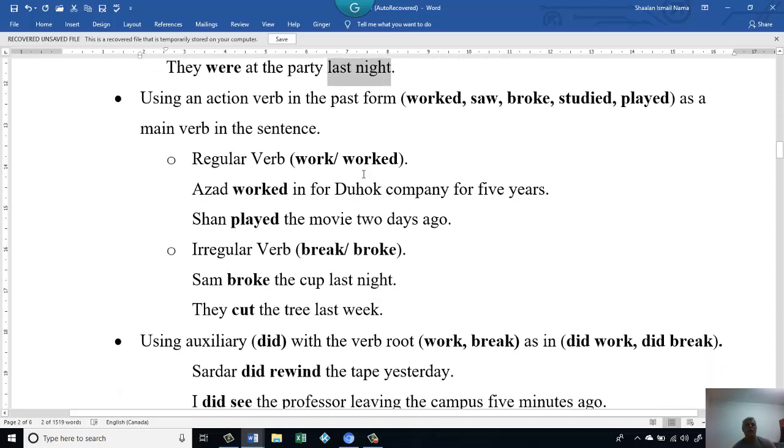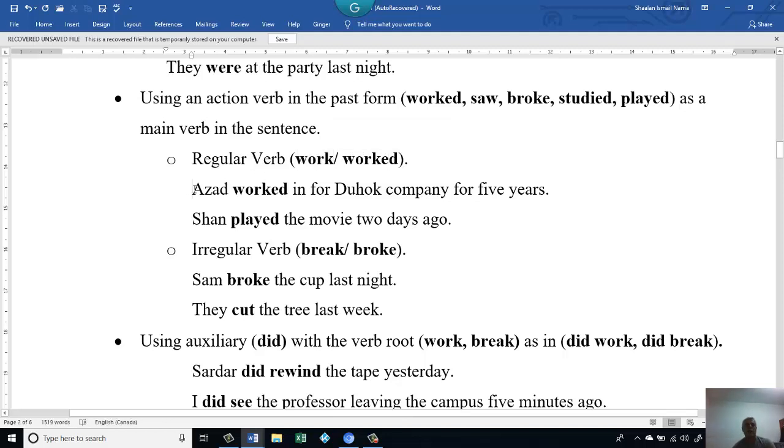Then the second thing, we're using an action verb in the past form, for example worked, saw, broke, studied, played, as a main verb in the sentence. With a regular verb, we just add ed to the end of the verb, then it changes to the past. For example, we have work, then we add ed: worked.